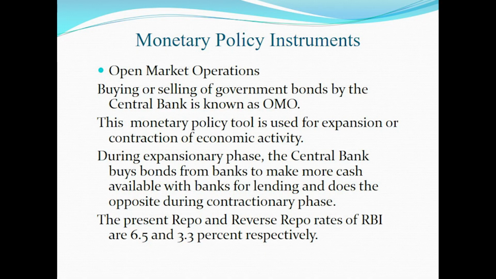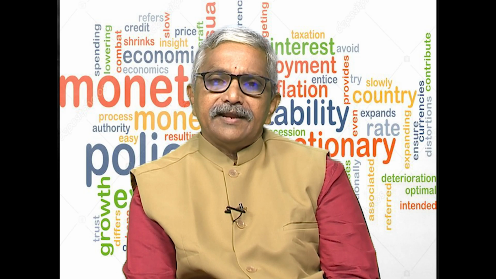The second instrument which is available with a central bank to implement monetary policy is open market operations. Buying or selling of government bonds by the central bank is known as open market operation. This monetary policy tool is used for expansion or contraction of economic activity. During the expansionary phase of economic activity, the central bank buys bonds from banks to make cash available with banks for lending, and does the opposite during the contractionary phase.